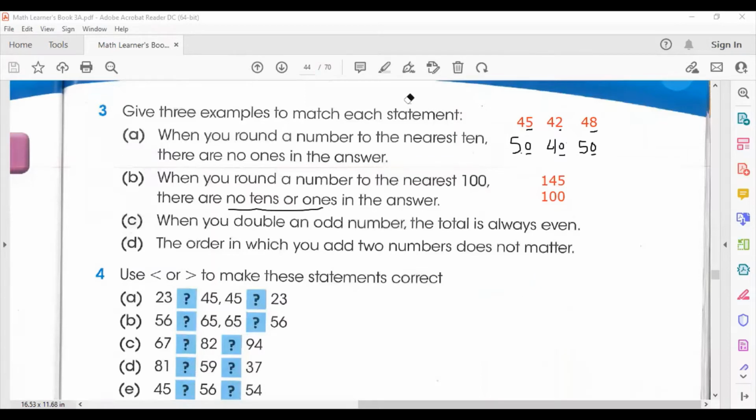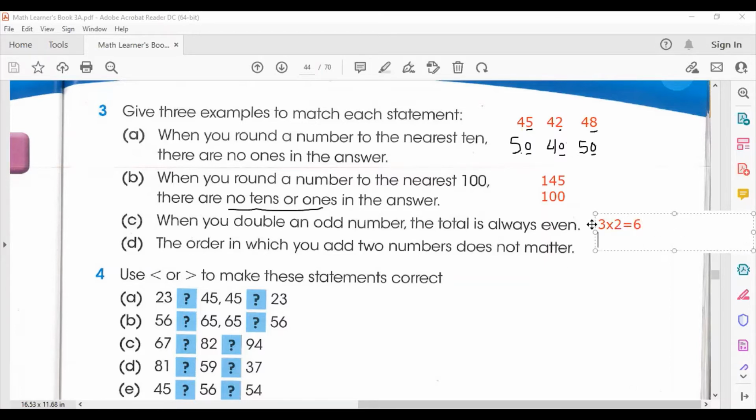So we have the question, when you double an odd number, the total is always even. 3 is an odd number; double means 2 times. 2 times 3, 3 two times, equals 6.